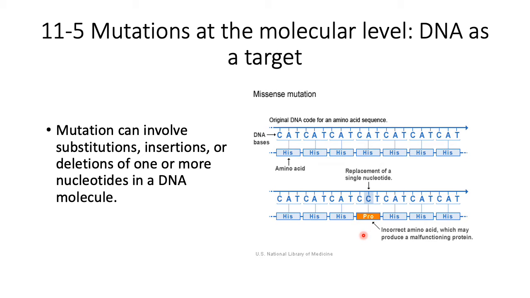That can potentially change the structure of a protein, depending on whether it's on the sweet spot of the protein. Mutations can be substitutions, insertions, or deletions of one or more nucleotides in a DNA molecule.